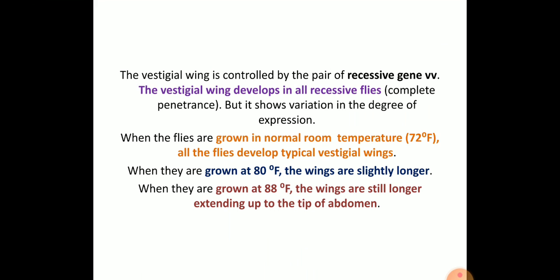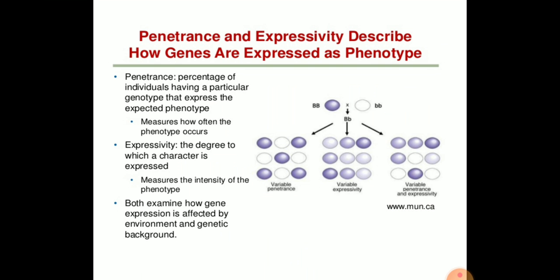And again, when they are treated at a different temperature like 88 degrees Fahrenheit, the wings are still longer, extending from the tip to the abdomen. So they are the largest at 88 degrees Fahrenheit, but at 72 degrees Fahrenheit the wings will be in the vestigial form. This is how penetrance and expressivity take place in genetics.